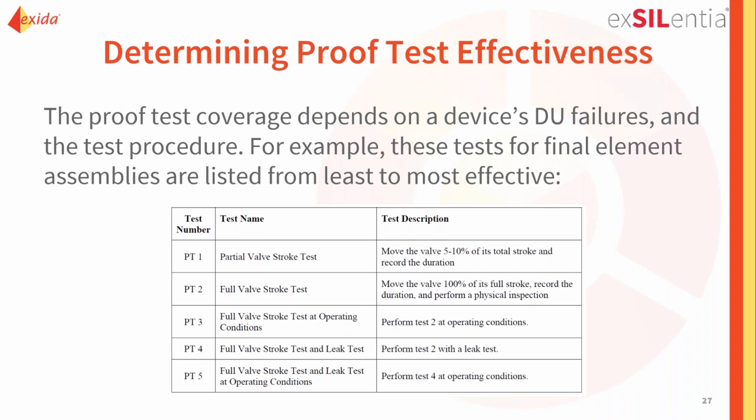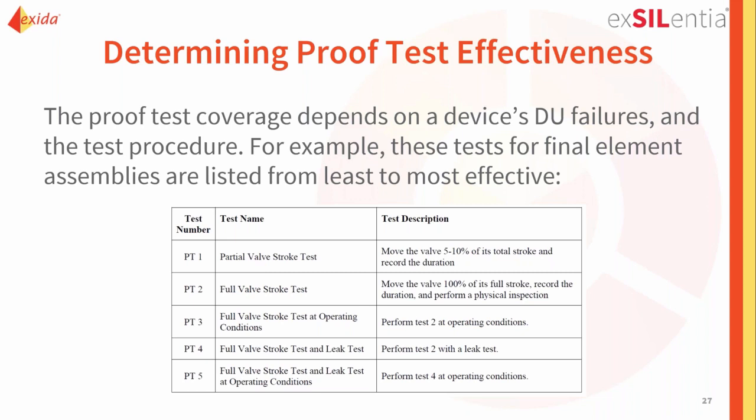If we do a full valve stroke test, we obviously will detect that failure, but we will also be able to detect if there's anything else blocking the valve from closing completely. If we go to the fourth test here, if we include a leak test, we can also see how well the seats of the valve are still in operation. And then at operating conditions, we will see the actual pressures on the valve and we can see how it behaves.